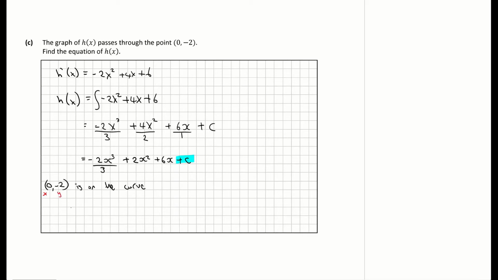So my function, h of x, is equal to minus 2, sorry, that should be h of x, yep.